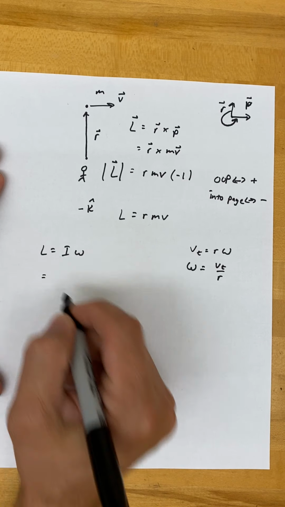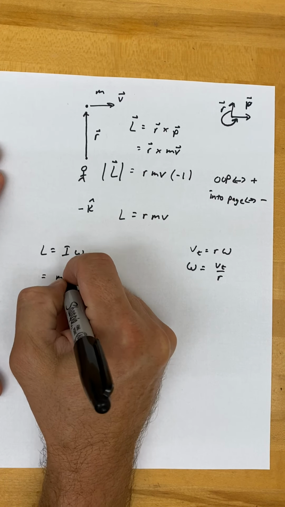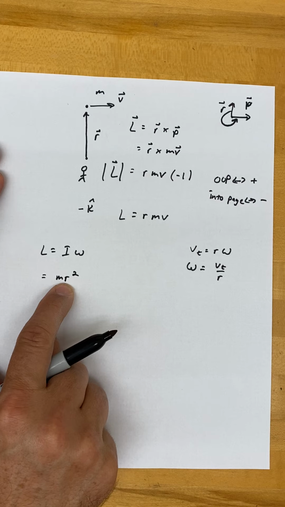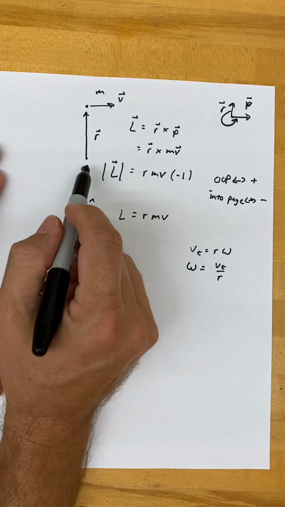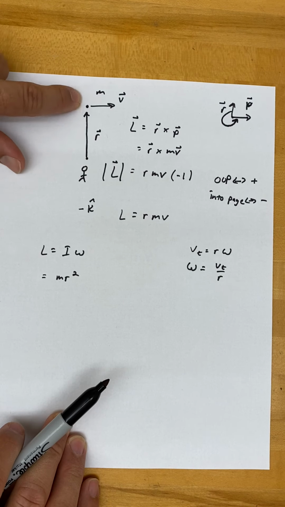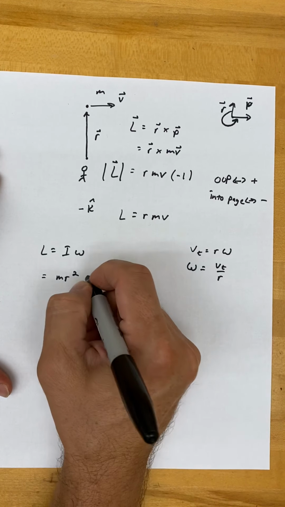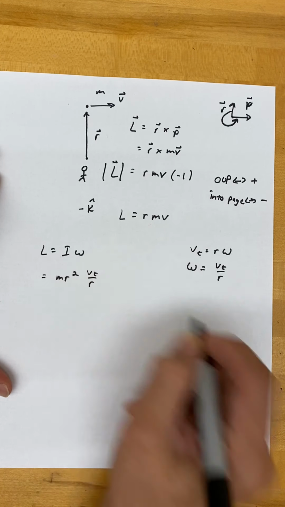What's left is to determine the moment of inertia of a point particle. And as it turns out, that is mr squared, where r is the distance between my point of summation and the particle itself. In this case, that's just going to be this distance, r. So the moment of inertia is mr squared. My omega is v tangential over r.